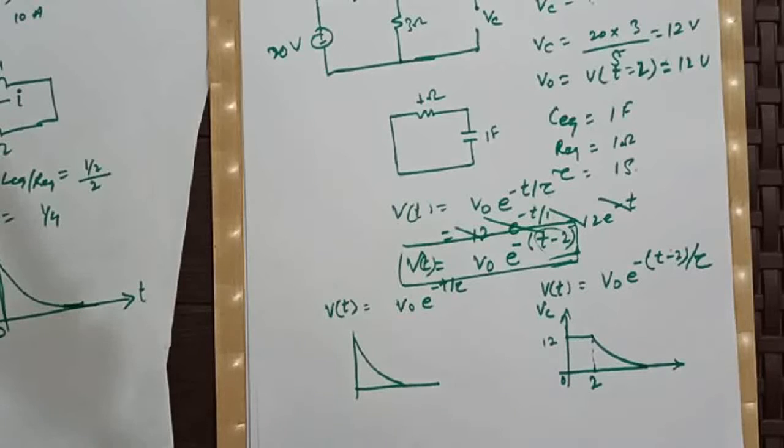Now the question was, find the energy stored in the capacitor at time t equal to 2.5.